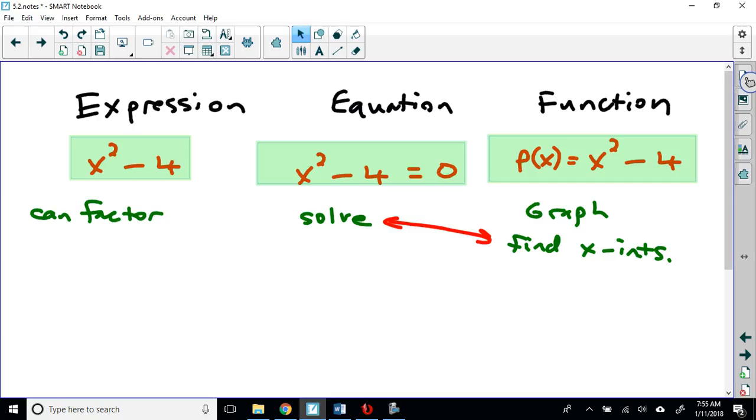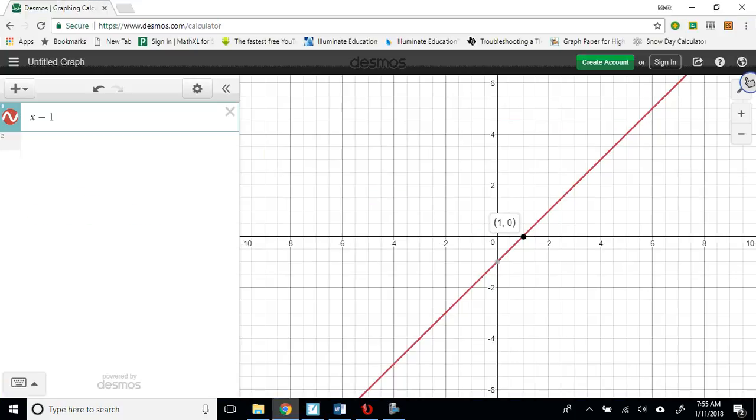So far, so good? Good. Well, I'd like to go to the internet. If you can see it, I've got the expression x minus 1. And I want you to notice that when the expression's x minus 1, the x-intercept is 1. Okay?